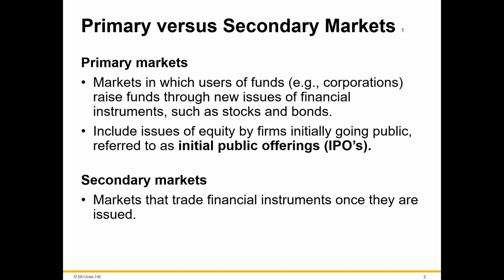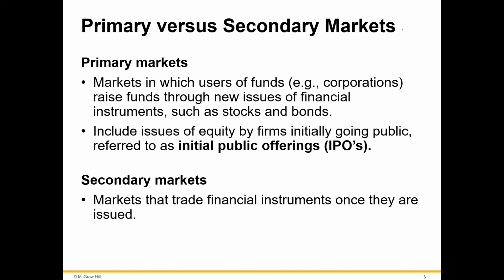Let's start by defining some of the common or overarching terms of these markets and institutions. We'll start with primary markets versus secondary markets. While they have a good definition here on the slide, the easiest way to start understanding is when a company issues stock or shares into the market.